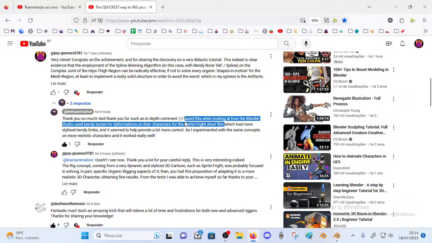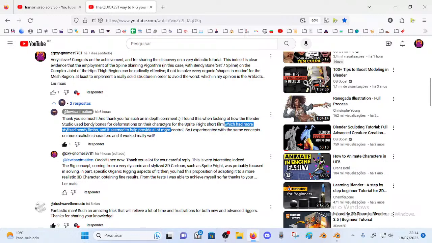Yes, I've watched that show. So the style there was quite cartoony. So it's organic rigging, but not expected perhaps to be so complicated. So stylized bendy bones, yeah.